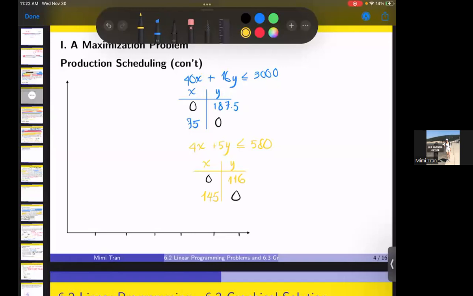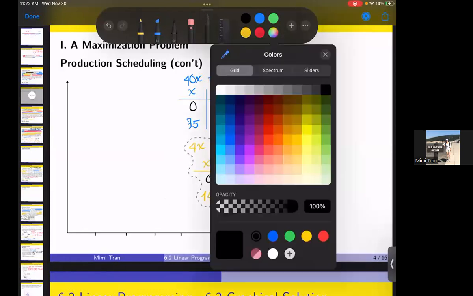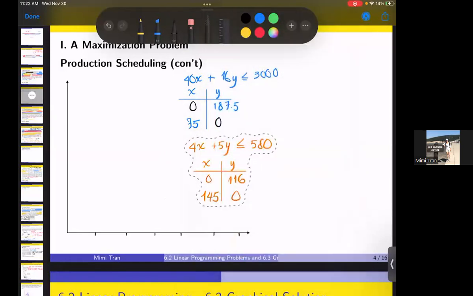Yeah, I can. Make it orange. Maybe orange. It's just I have to go to that board thing every single time I want to write orange. It's okay. We have time.